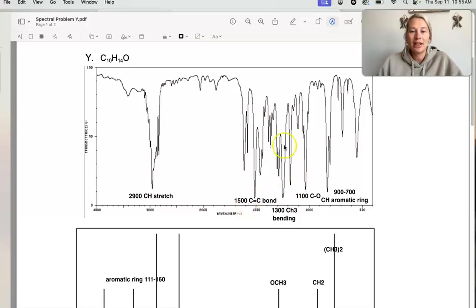Then at 1300 there's a big spike of the methyl CH3 bending, which we have in my suspected structure. Then at 1100 is our carbon-oxygen bond, which we also have in our structure, and then our aromatic CH at about 700 to 900 on our spectrum. All of that correlates with what I've found.